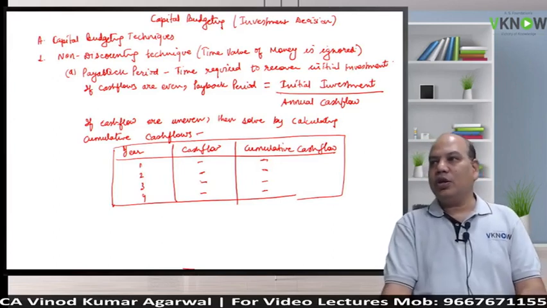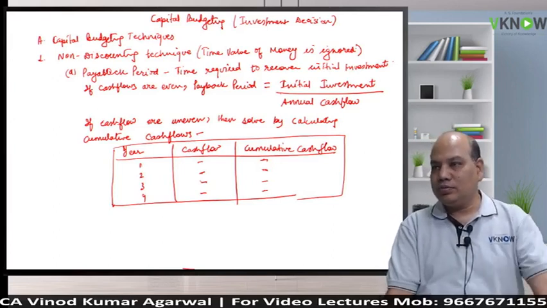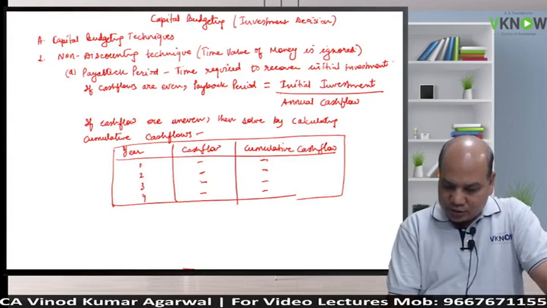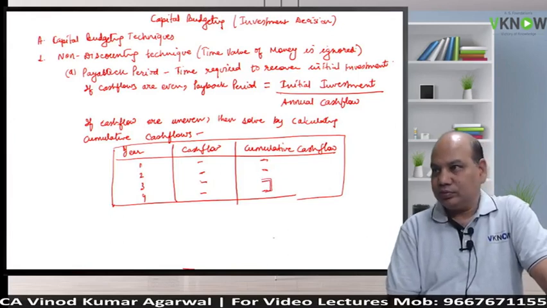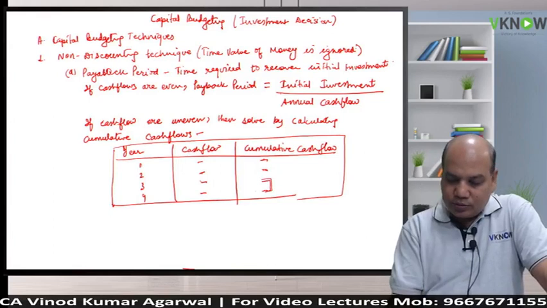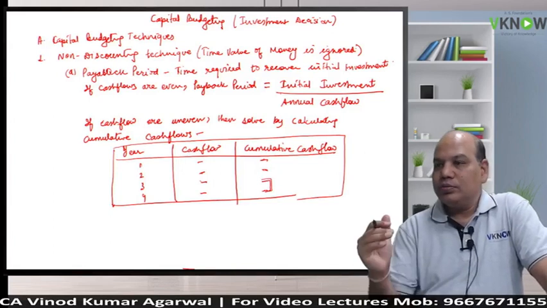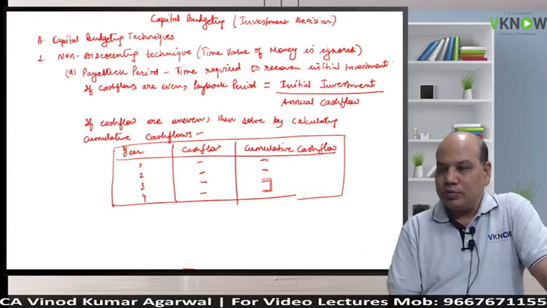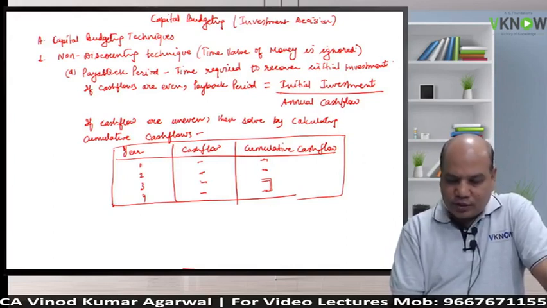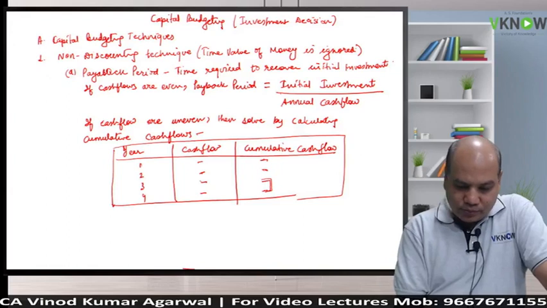Otherwise, initial investment can be recovered between 2 years also, right? So then you will find out the proportion. We will solve one question after some time, you will see the calculation.